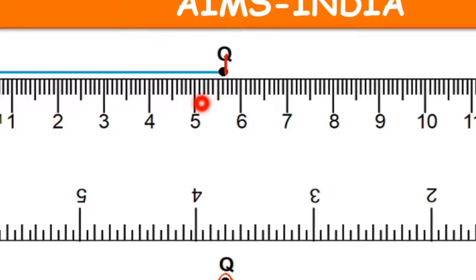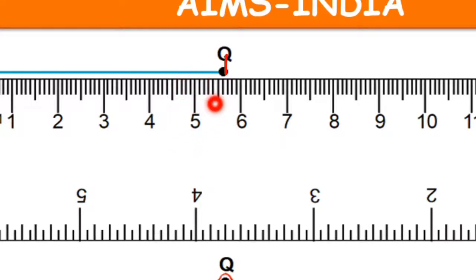Now from 5 you need to count the number of lines. 1, 2, 3, 4, 5 and 6. This is on the 6th line. What did we learn? These smaller lines are nothing but millimeters. So the length of the line segment PQ becomes 5 centimeters.